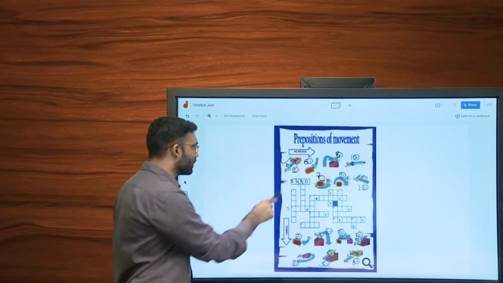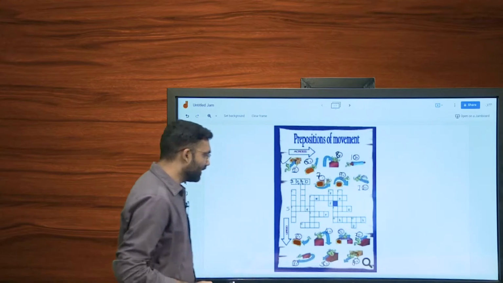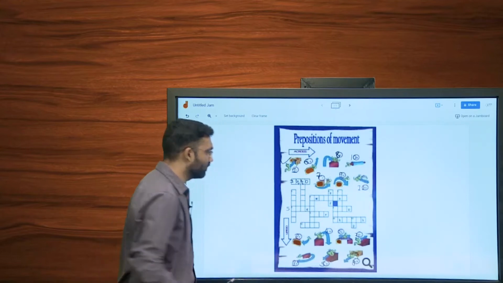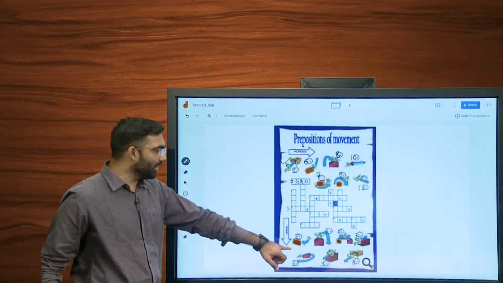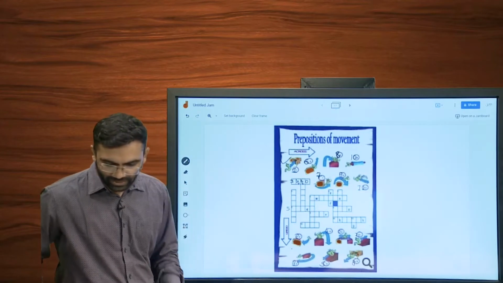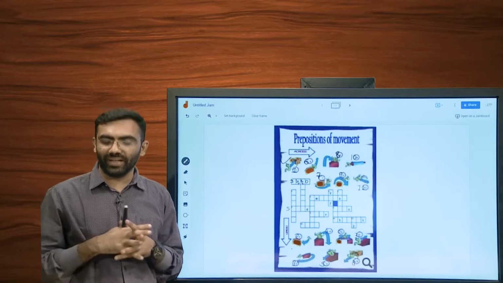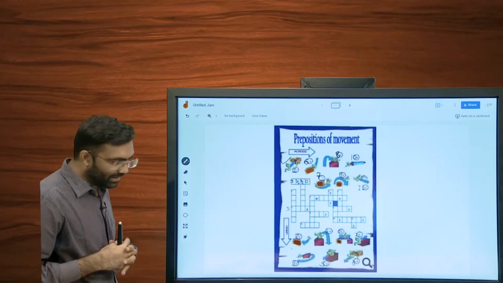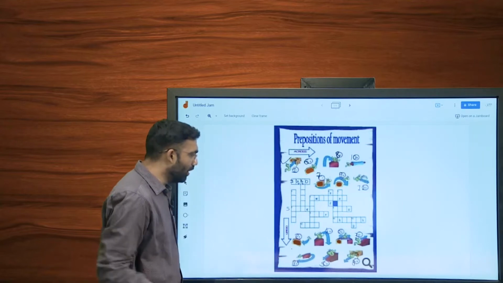Now if you see this down one, it's the second one. Which does it show? Can you see the picture? Can you try to identify it? It's movement in the direction of something or somebody.